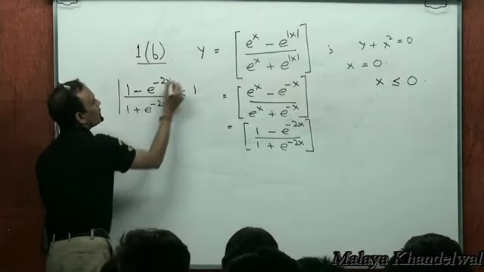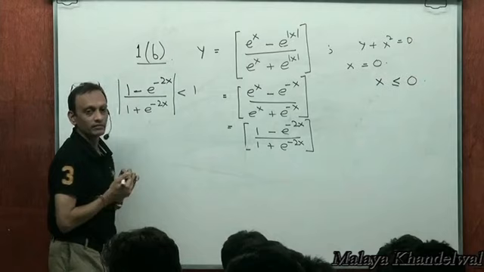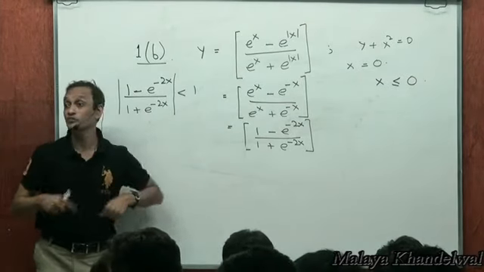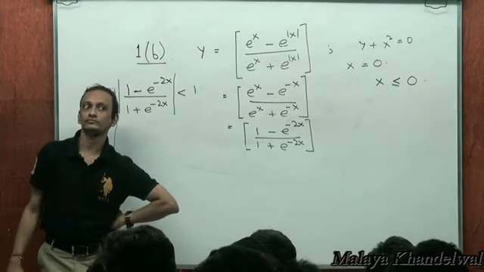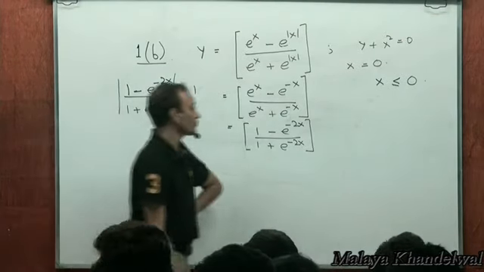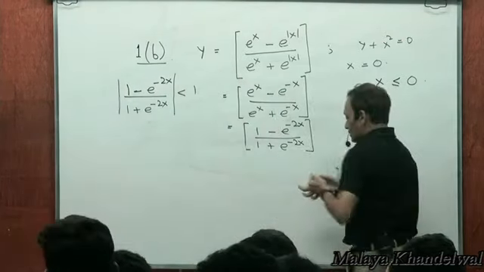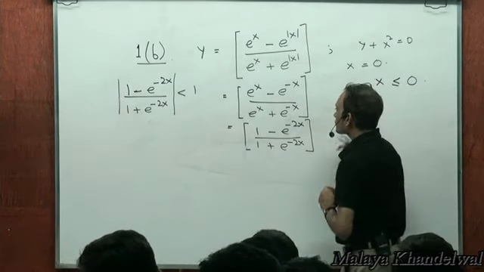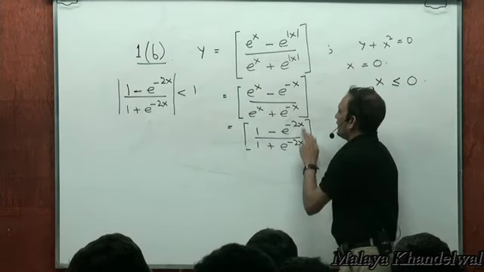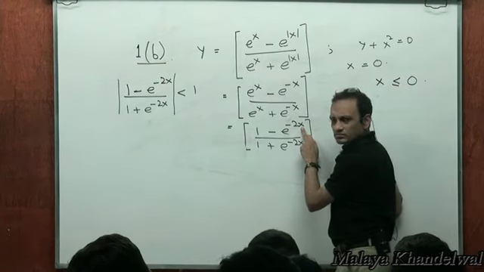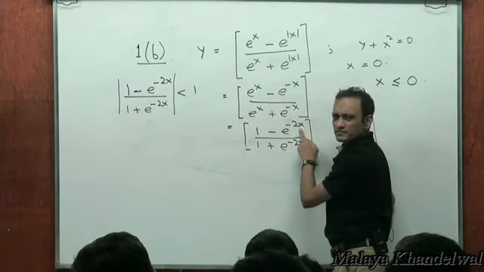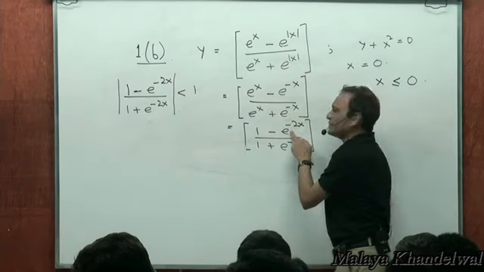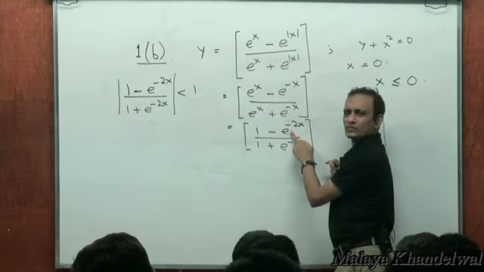However, x less than 0 means e power minus 2x will be greater than 1 for x less than 0. Yes or no?